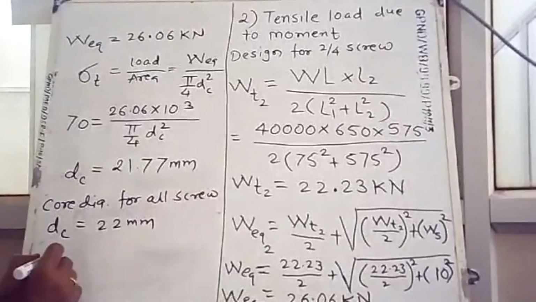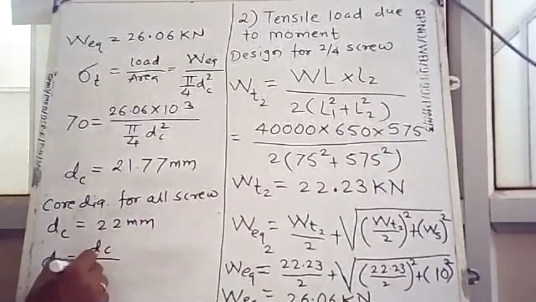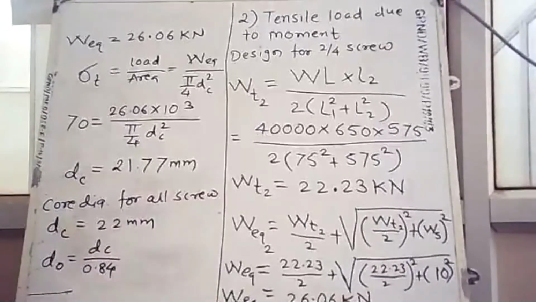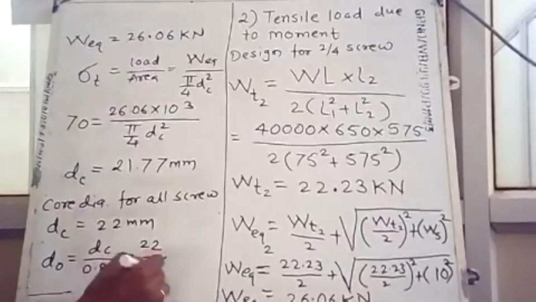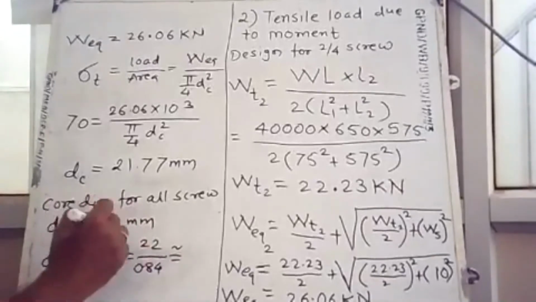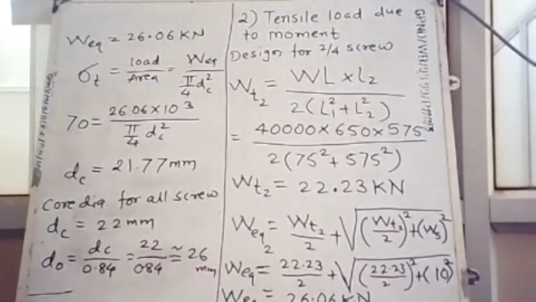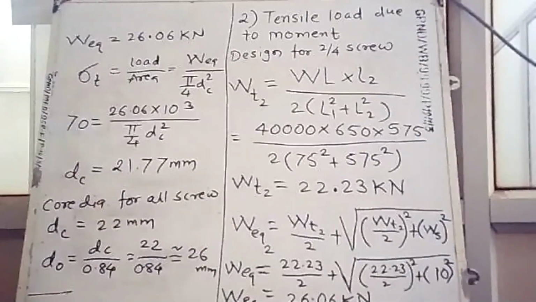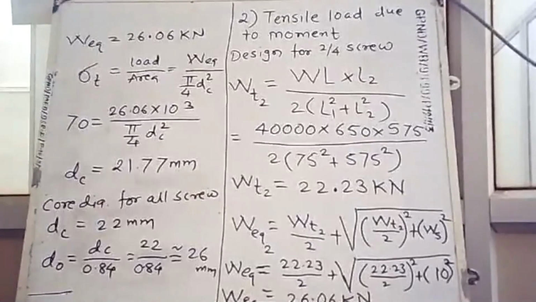Similarly we can find our nominal diameter. By using simple equation, it comes out 22 divided by 0.84, so approximately it is 26 mm. Okay, so this completes our design procedure of eccentric loading of the screw when the screw stud axis is perpendicular to the axis of load.